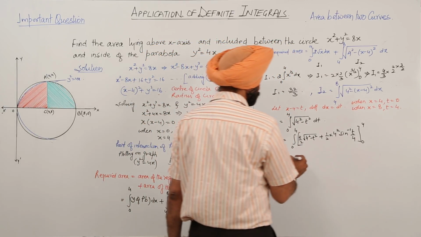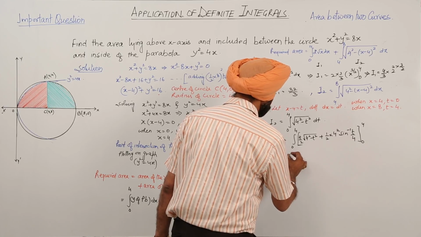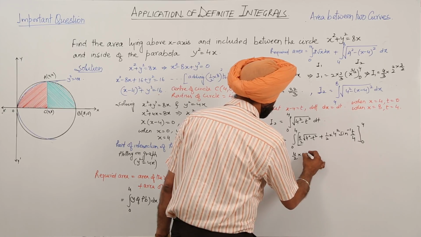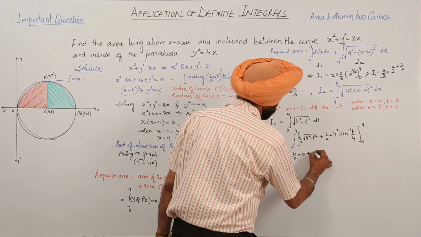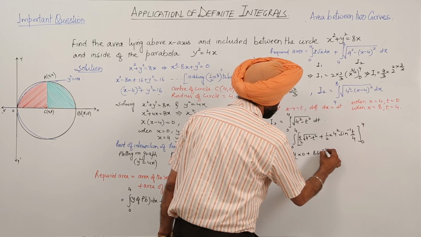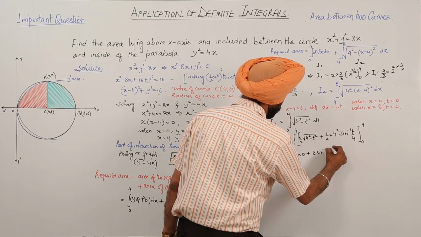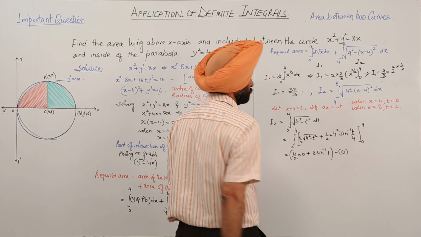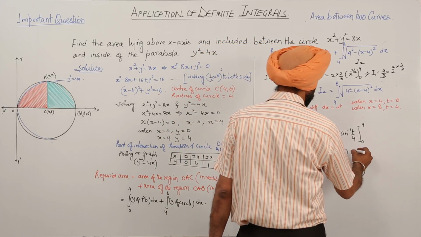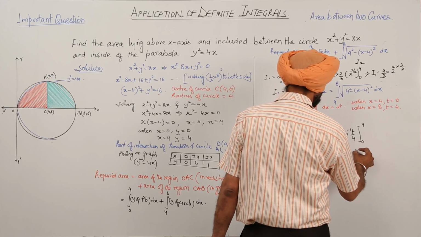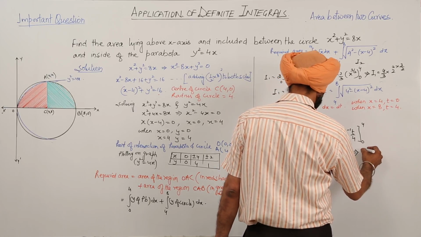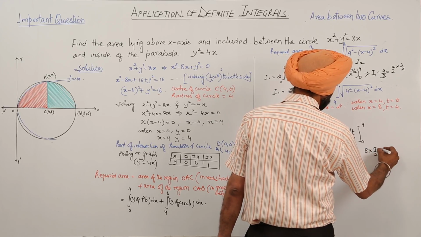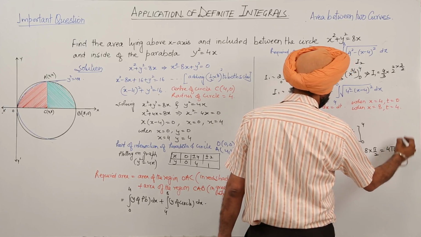Okay. So now this is equal to 4 by 2 into 0 plus 8 sine inverse 1 minus 0. Now this is equal to 8 into pi by 2, or this is 4 pi.